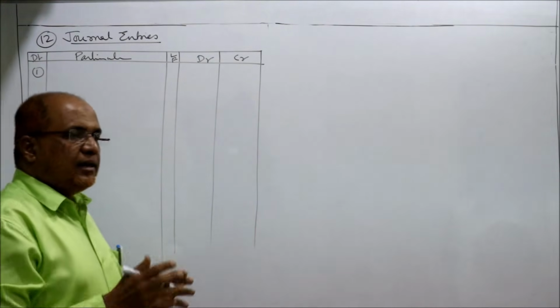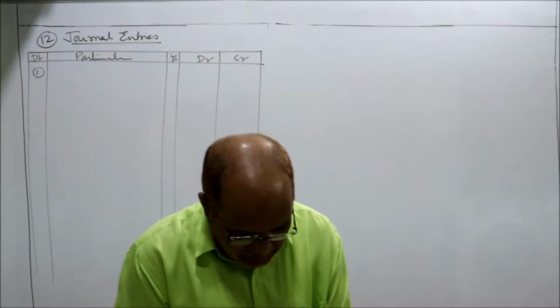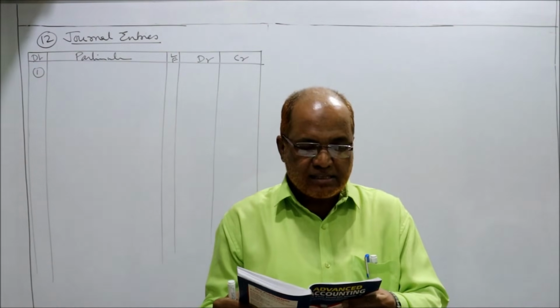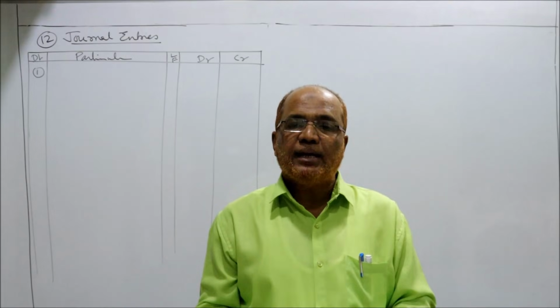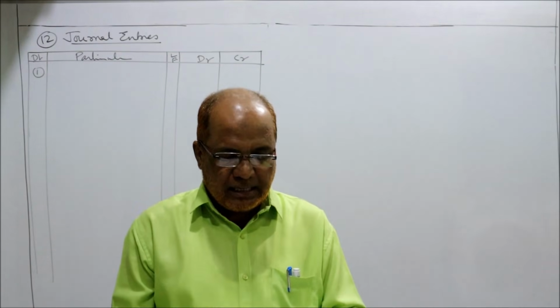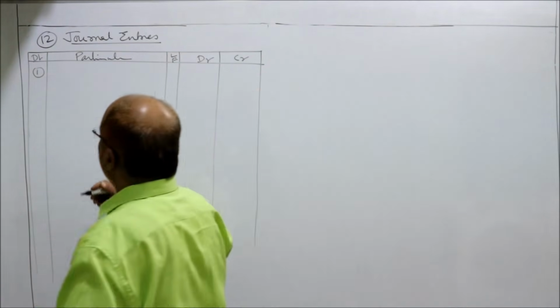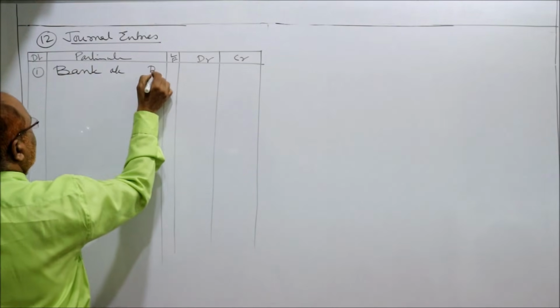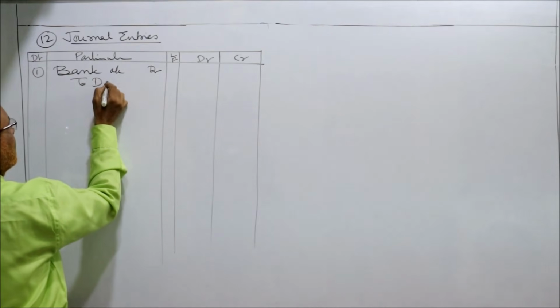First, see, D is a new partner. He is bringing 20,000 as his goodwill and 50,000 as his capital. So total cash brought by Mr. D is 70,000. So we'll pass the entry. Bank account debit to D's capital account.